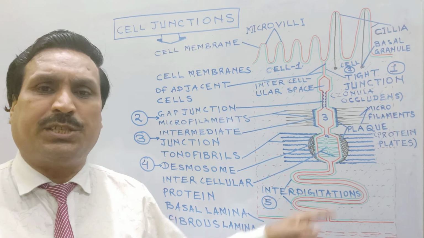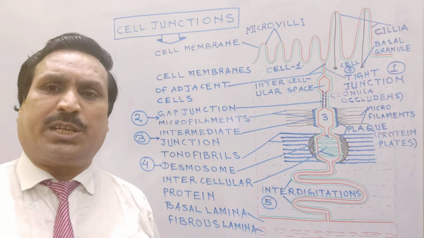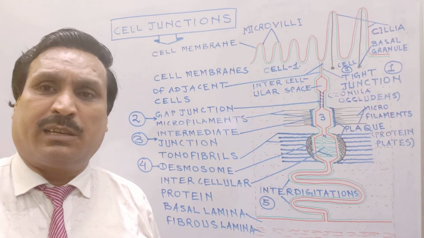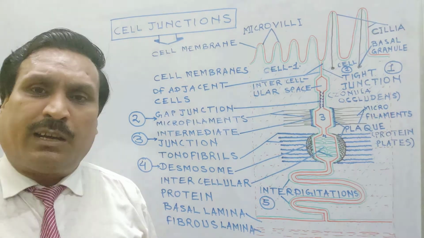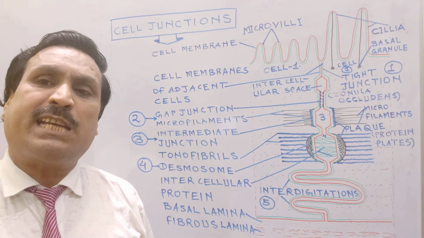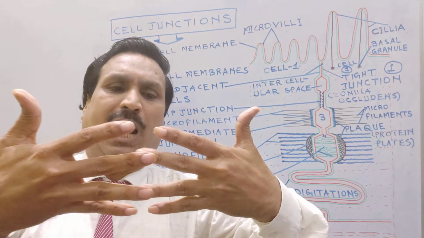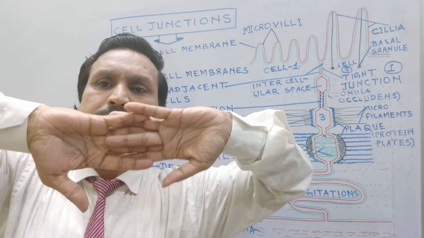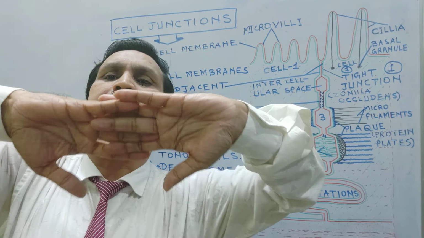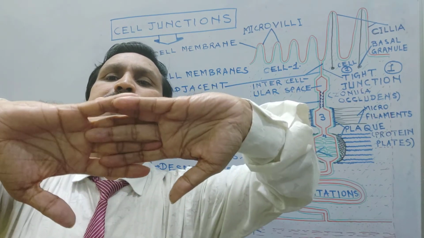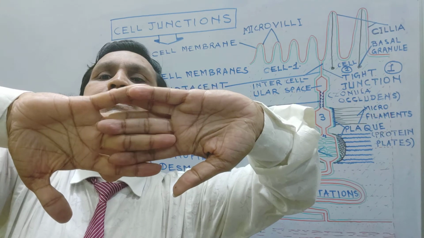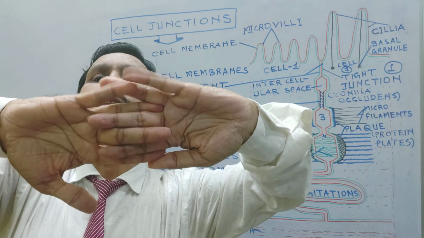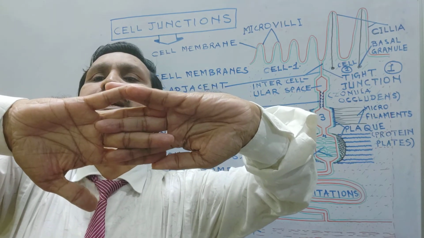In interdigitation, membranes of 2 adjacent cells attach with each other as if fingers of our hand. Fitting of fingers in this way is known as interdigitation.